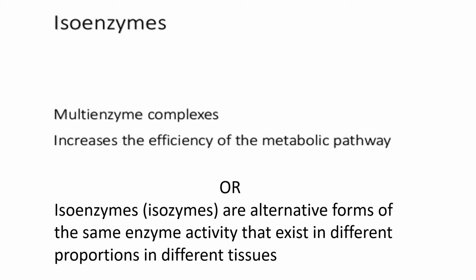Or we can define isoenzymes as the alternative forms of the same enzyme activity. Means the enzyme activity is the same, and that enzyme activity is present in different proportions in different tissues. I will further clarify this, different proportions in different tissues, as we proceed. I will make it clear with examples.